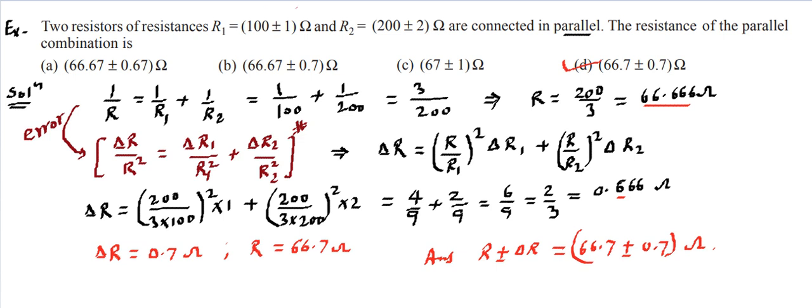So this was an important example, and particularly this important expression you have got. So remember this expression. Whenever this kind of equation or relation is given to us, we can find out the error by using this. And if you remember this, then calculation is going to be easy. We are following certain rules that we have learned in this video lecture and the prior to this lecture.